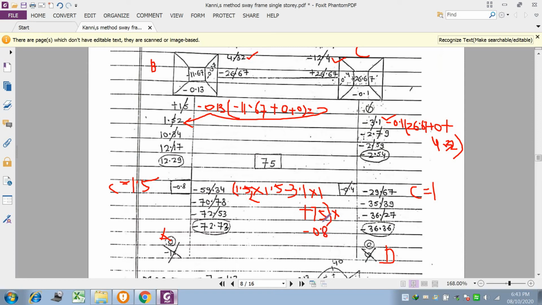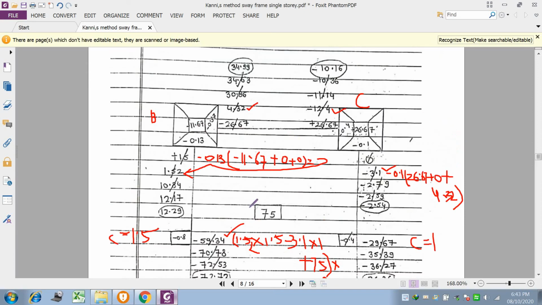Let us see what the answer will be. 1.52 into 1.5, then minus 3.1 into 1, then plus 75 multiplied by minus 0.8. So the answer becomes 59.34.